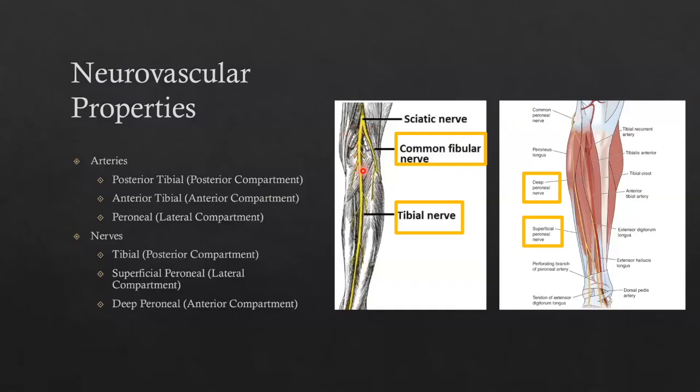And as we move down, you notice that we have our tibial nerve and our common fibular nerve. For the muscles on the posterior compartment, the main nerve supplying those muscles will be the tibial nerve. Earlier on in the lecture, I hinted at a syndrome that is similar to the carpal tunnel syndrome that we see about the wrist. This tibial nerve may also be impinged on the medial aspect of our ankle.